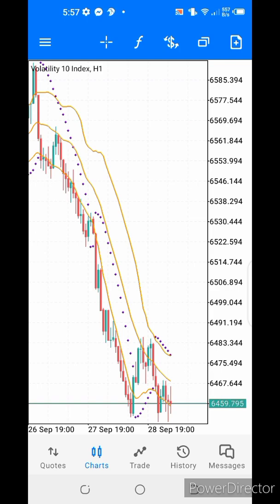You can as well generate your signal on 1 hour time frame and take your entry on 5 minutes time frame. So it depends on the kind of trader you are, whether you're a scalper, a position trader, or a swing trader. It also depends on what? On your equity. For example, you can be on just $50 and you are picking your trade on a weekly time frame, like position traders will do.